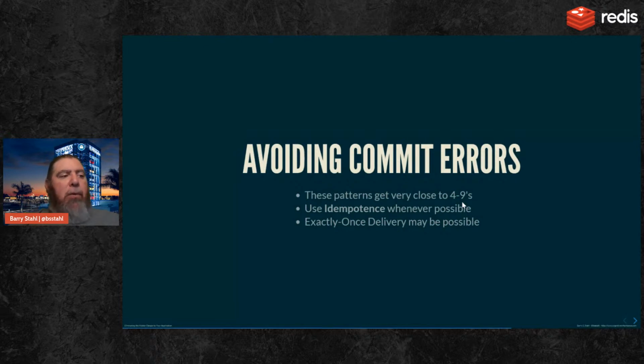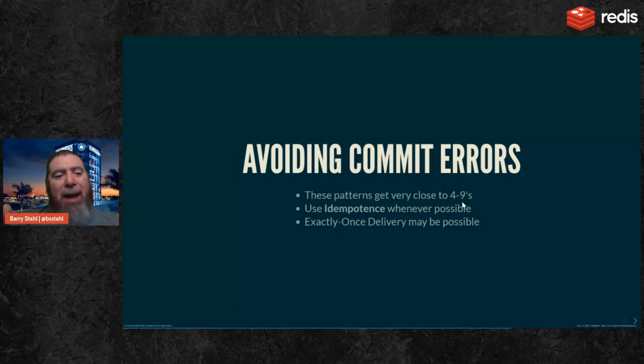But definitely use idempotence whenever you can. There is no better way to make a system reliable than to make downstream operations idempotent, so that you can just retry them if they fail or if something happens. That said, that's not easy. I could do a whole other talk on how to make services idempotent. And if you have idempotence at both the producer of the message and the consumer end, what that gives you is exactly once delivery.